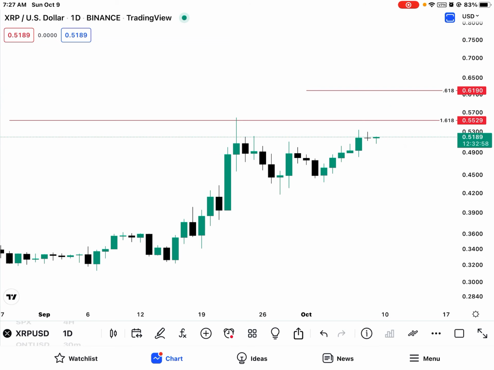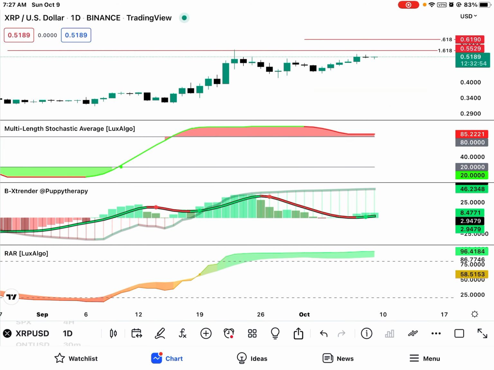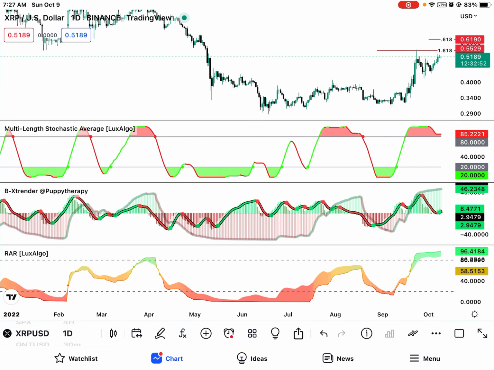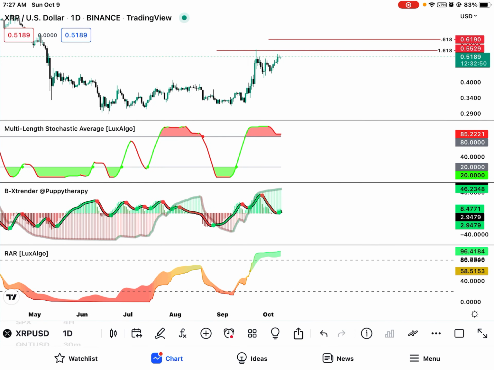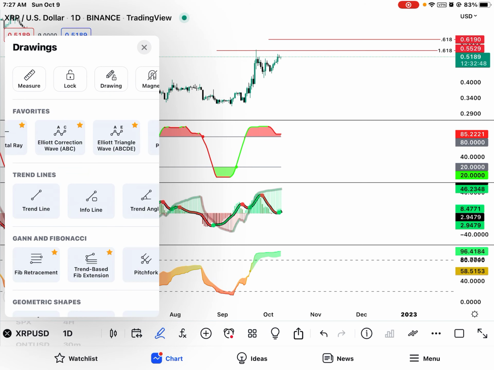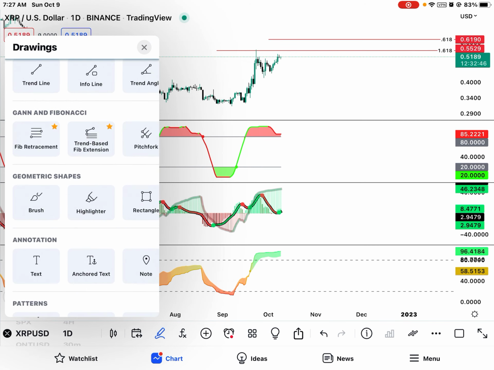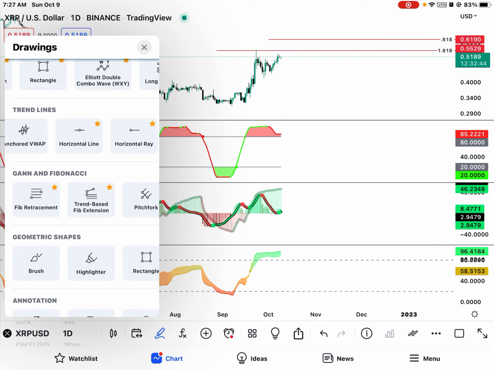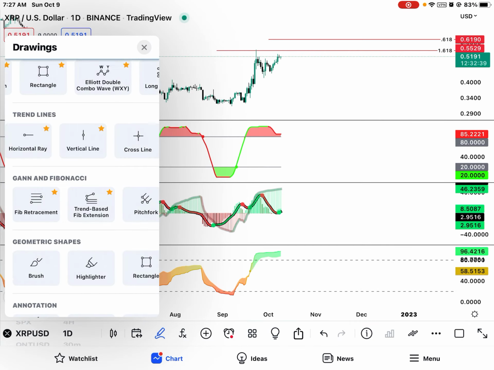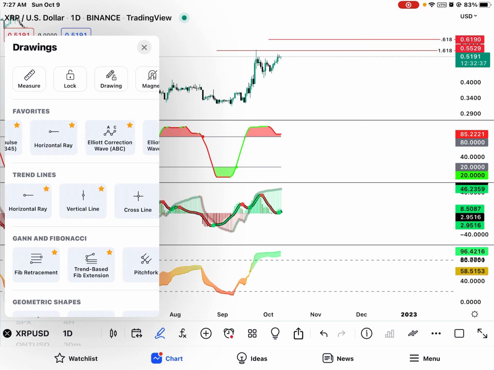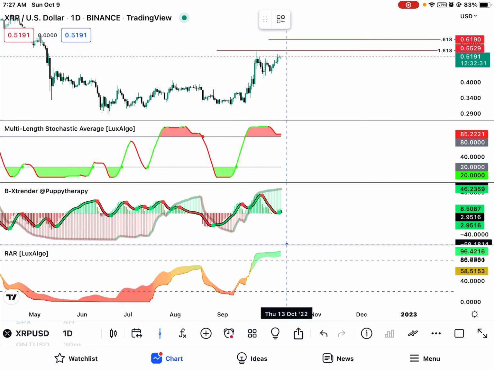Also, I want to show you a little something extra on XRP. So if we go on the daily chart and we pull up these 3 indicators right here, okay? And let's zoom out for a bit. Every time these indicators line up, let me just show you something really crazy. I'm going to show you something insane right here that I found on the chart.